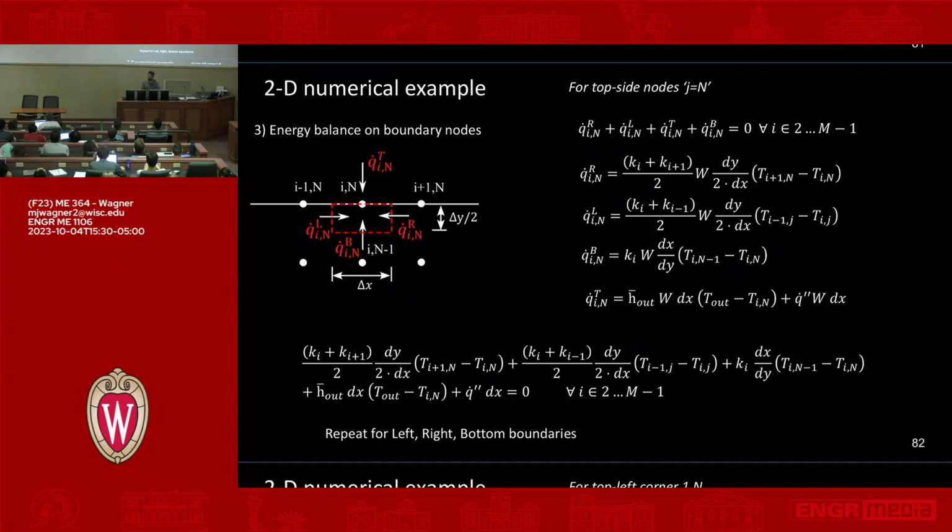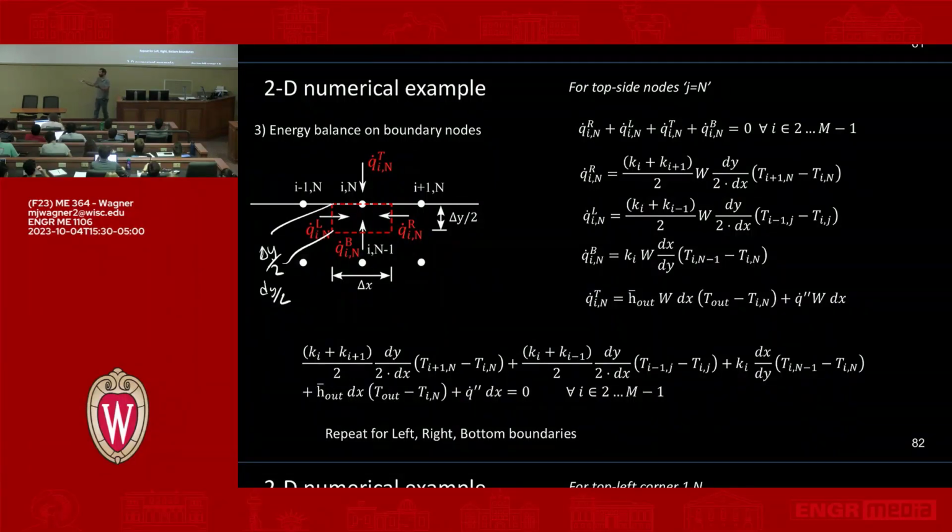And the other thing to pay attention to is the areas that are available for conduction here. This area is now just delta y over 2, or dx over 2, I'm sorry, dy over 2. So it's half the area, as opposed to the internal nodes, which have the entire delta y. When you're on the surface, it's shrunk down.